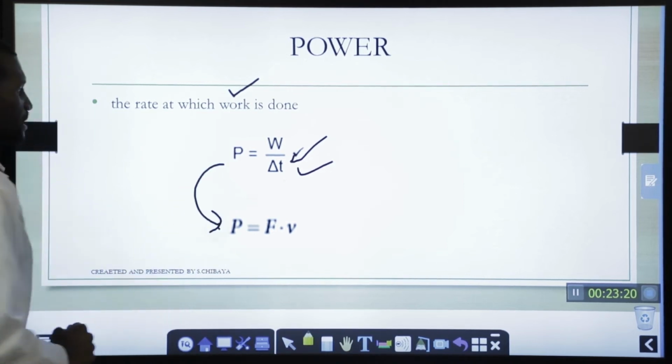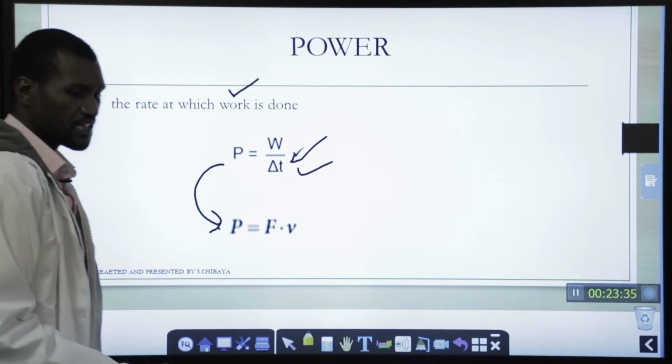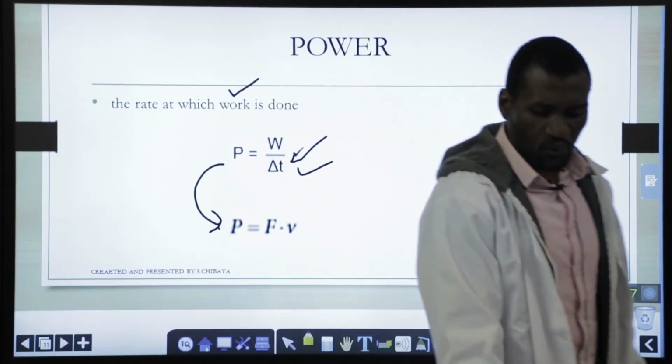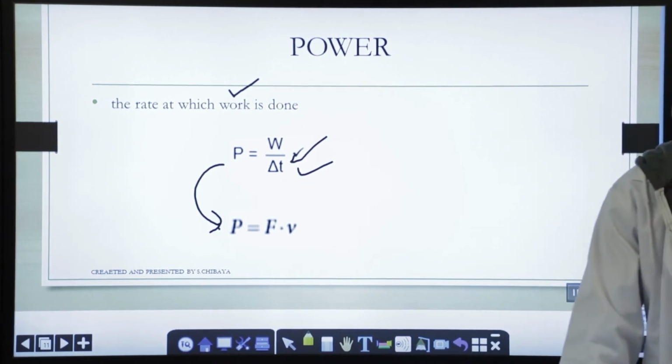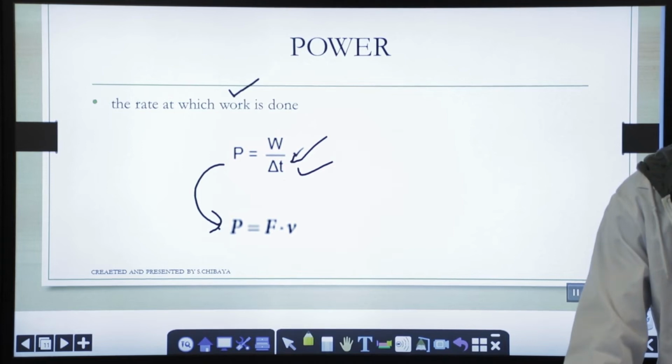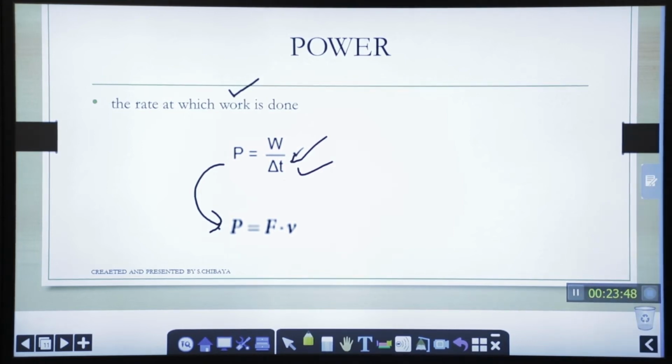Power can also be given by P is equal to F multiplied by v. How does F multiplied by v come into play? Where does it come from? How do we get to a place where we say P is equal to F multiplied by v?